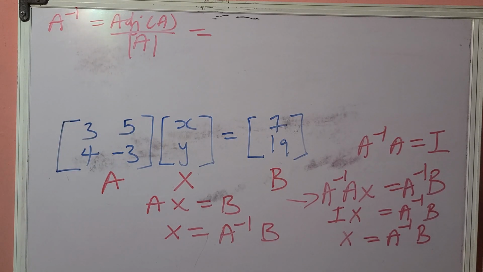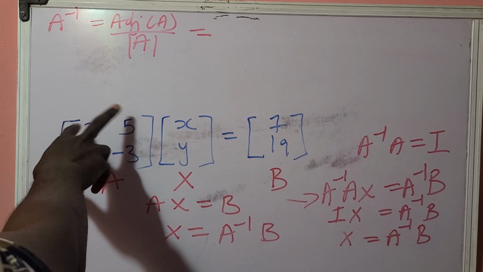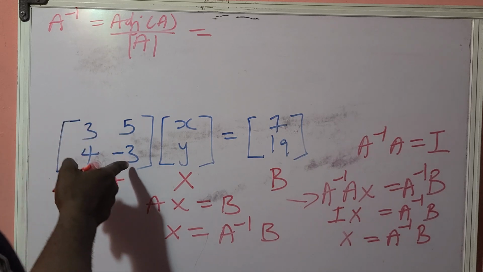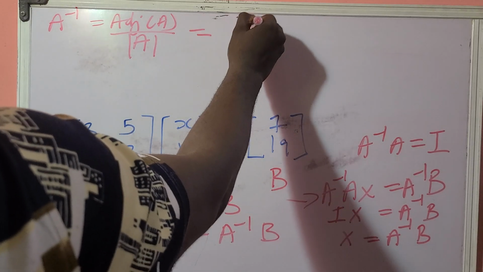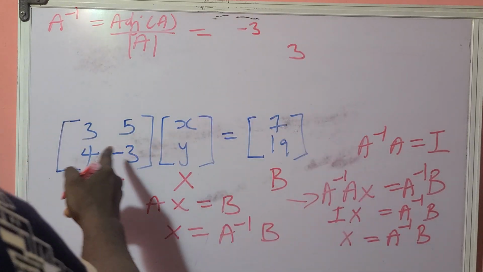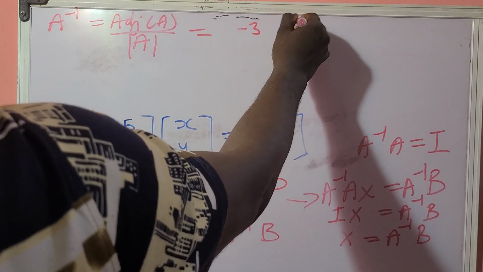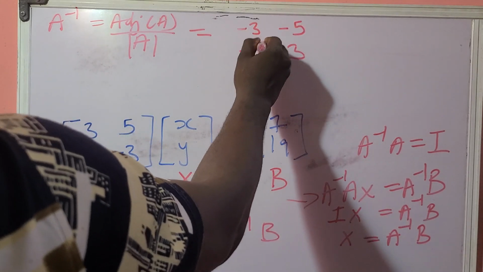Now, how do we find the adjoint of matrix A? This is matrix A right here. To find the adjoint, you interchange the leading diagonal, so you have -3 and 3, then change the signs of the other diagonal, -5, -4.